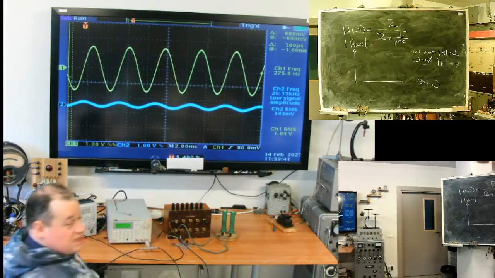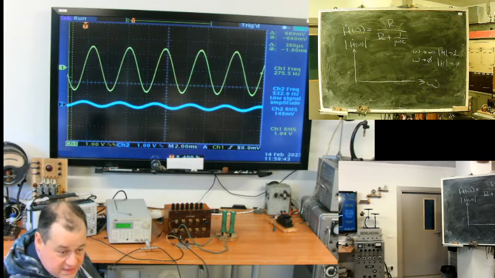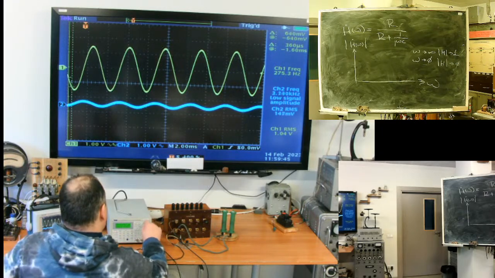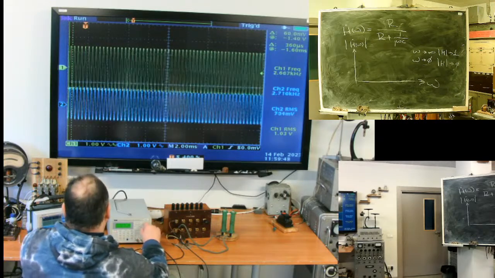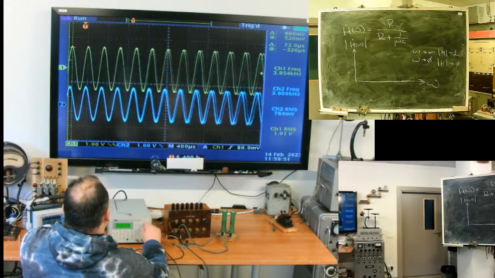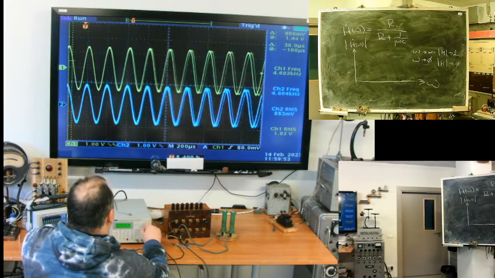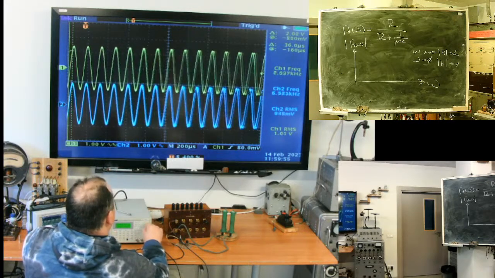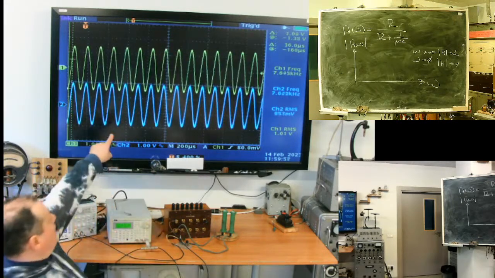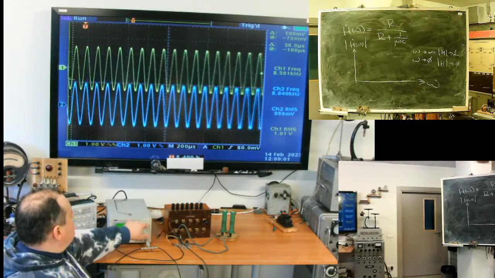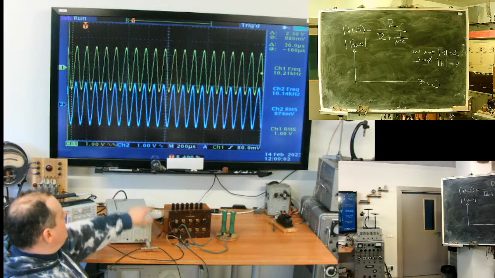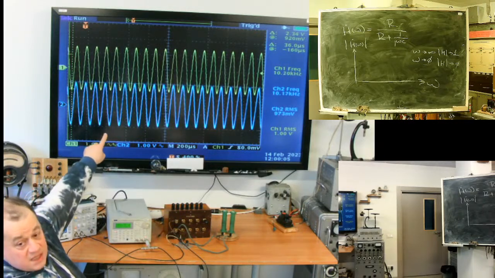Low frequency, low output. Yes? Higher frequency and output goes up. Now, okay. Now they are equal. Yeah?